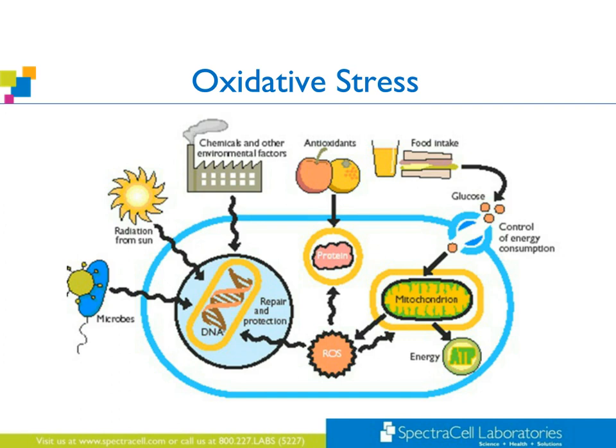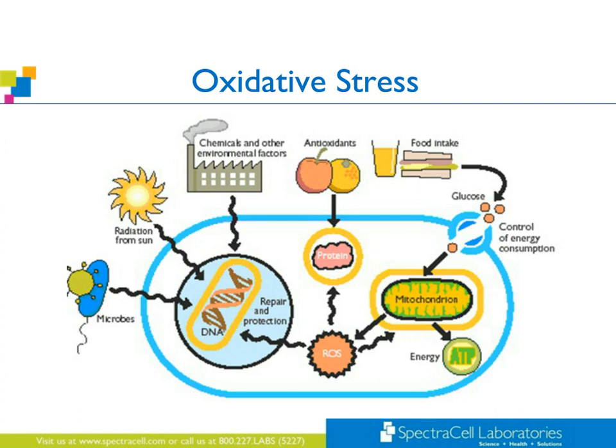Not enough antioxidants to help squelch the stress going on inside the mitochondria, the reactive oxygen species. Too high a carbohydrate intake, eating too much, too many refined sugars, too much fructose, high fructose corn syrup will stress our mitochondria.